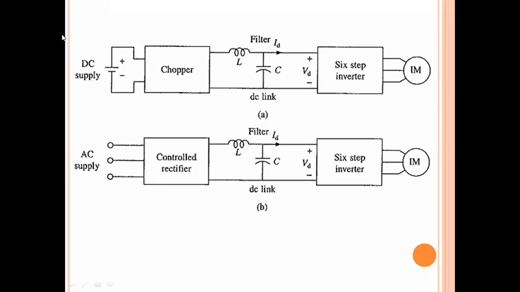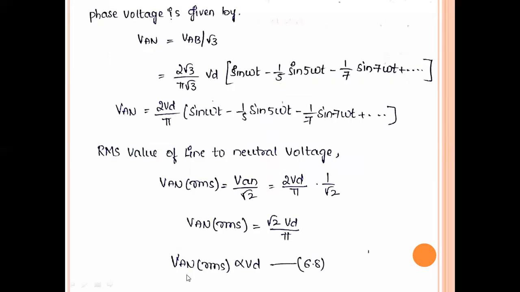So if we have a fixed DC voltage, a variable DC voltage can be obtained by connecting a chopper circuit between the DC supply and the inverter. This chopper circuit will provide the variable voltage so that our output voltage, which is given to the induction motor, will be controlled.